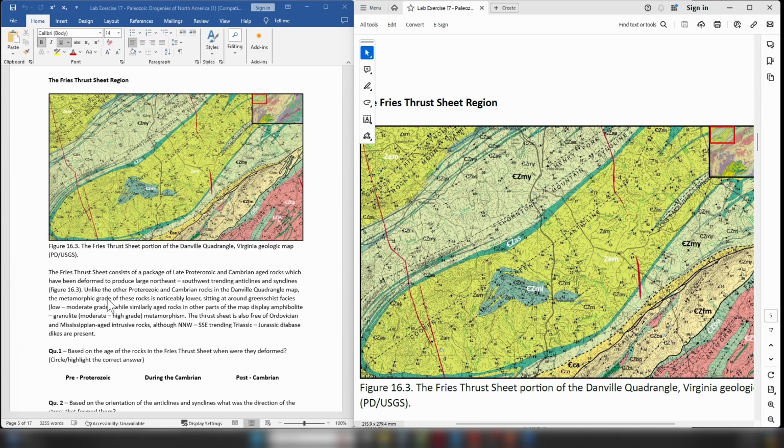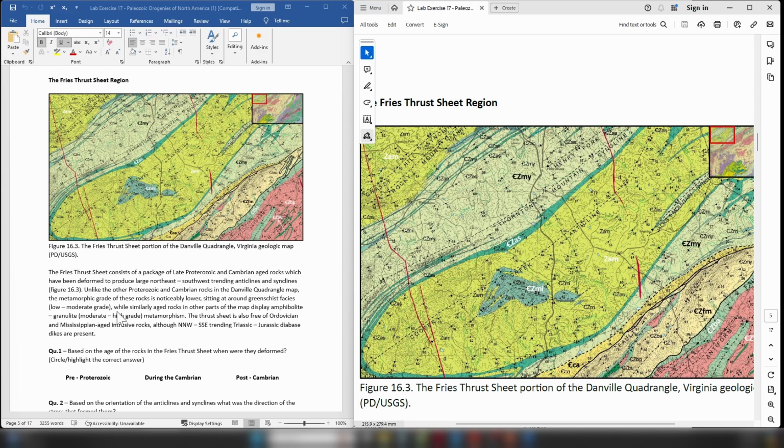So the fact that we have these lower grades which are affecting these Precambrian and Cambrian rocks within the Fries thrust sheet gives us some idea of where this region of rock was located relative to the orogenic front and the resulting mountain range which was produced by it.